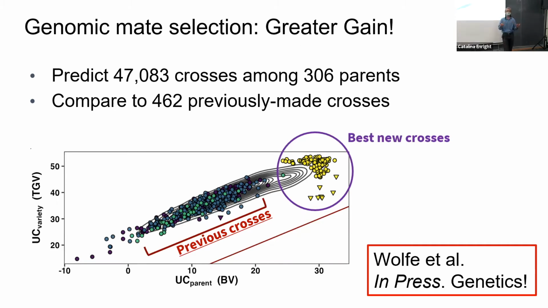So anytime there's error associated with the prediction, and there is certainly in this case, and you exert very strong selection, lots of what you're selecting on is the error that you generated in your analysis, okay? So as soon as we actually make these crosses and look at their progeny, we're going to be disappointed relative to how good this looks here. But still, we have some reason to believe that this analysis is going to come out ahead for us.